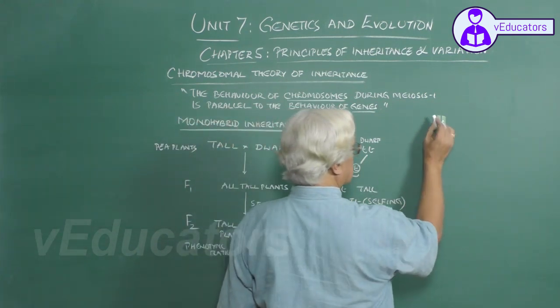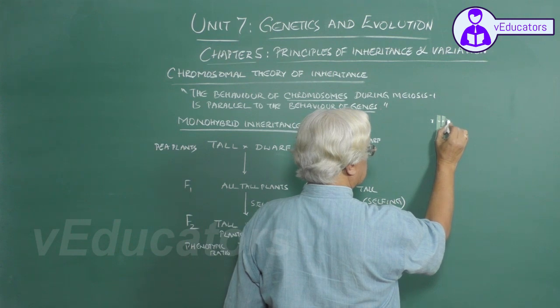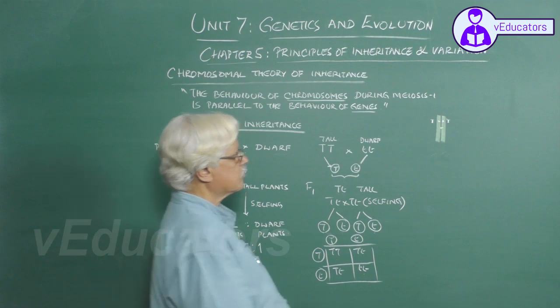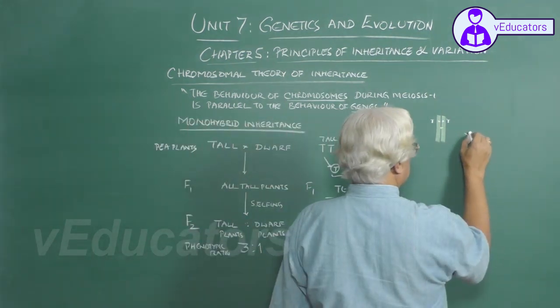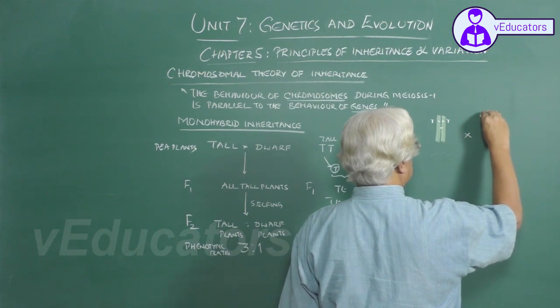Therefore, on this locus you have a capital T here, capital T here, crossed with a dwarf plant.